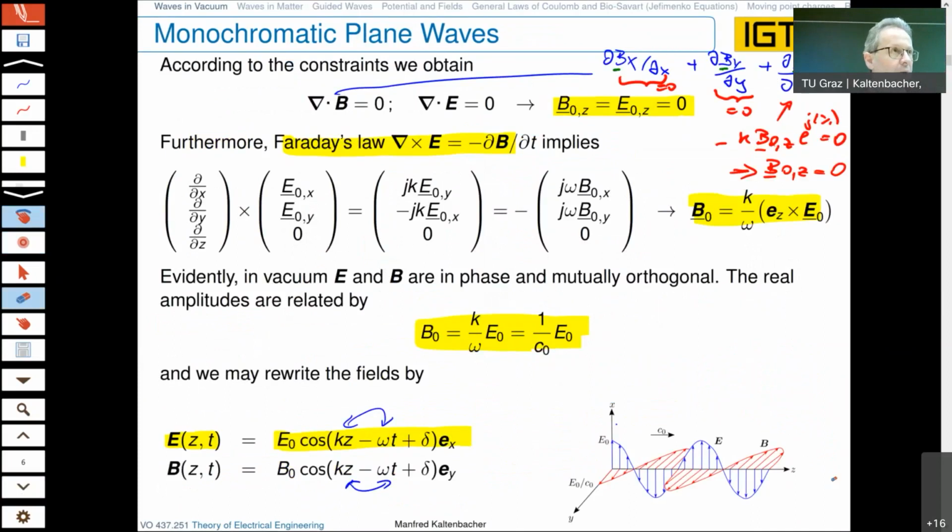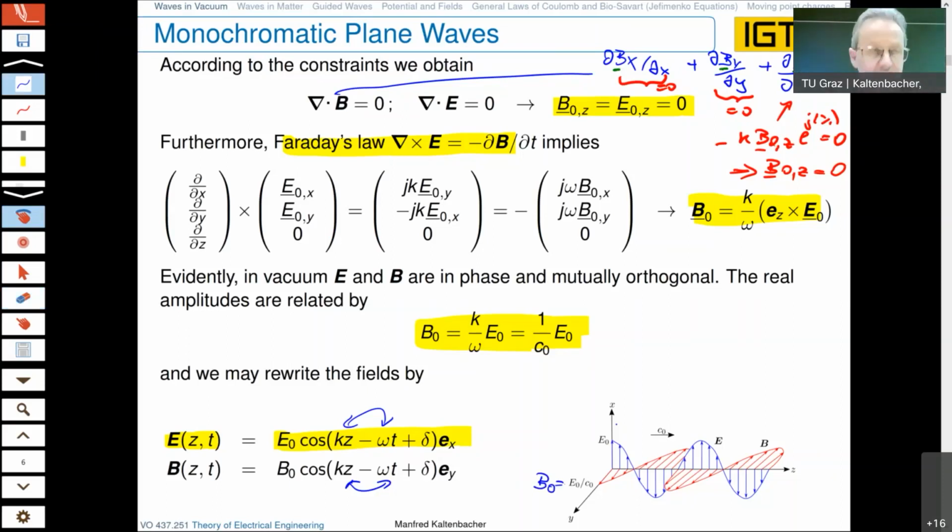For this simple case, we have a lossless material, we have a wave propagating in z direction, we have the electric field in x direction and the magnetic field, this is B naught, I should write here, in y direction.